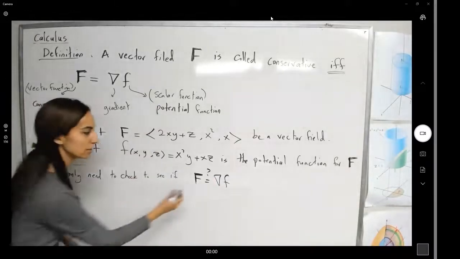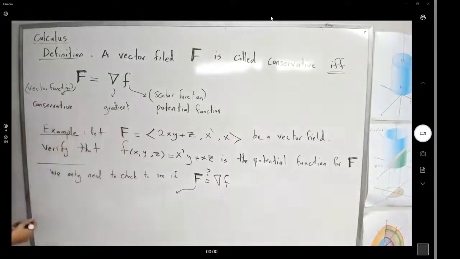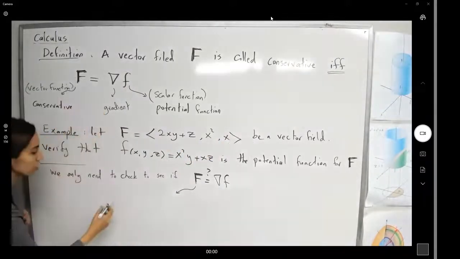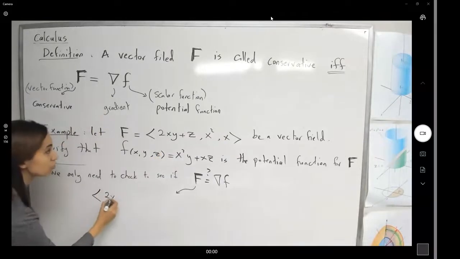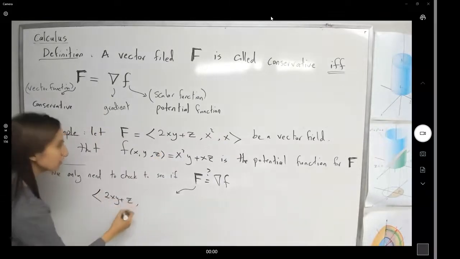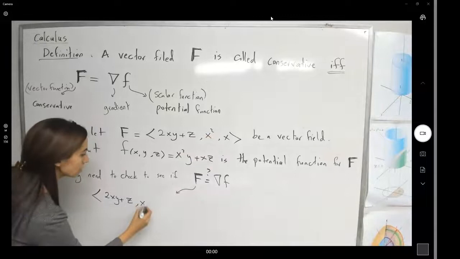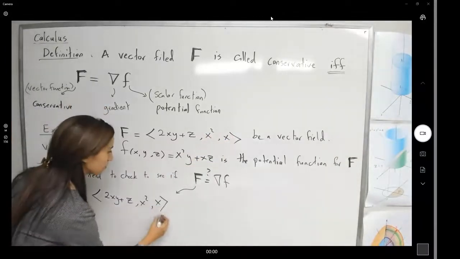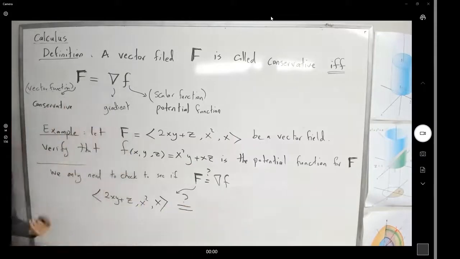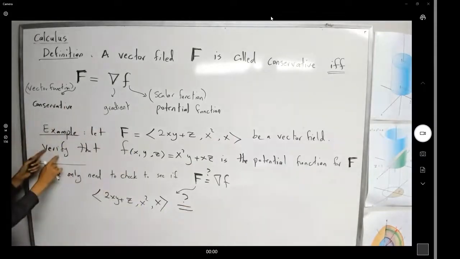So the left-hand side is your vector field. Let's copy this down here. You have a vector, first component is 2xy plus z, second component is x squared, and the third component is x. Let's put a question mark here. We're trying to verify that.